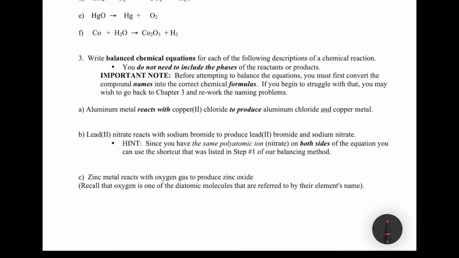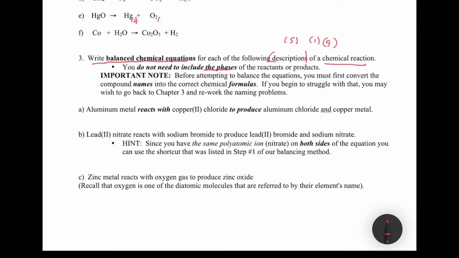All right, so in this video, we are going to write balanced chemical equations for each of the following descriptions of chemical reactions. We don't need to include phases, which would be, remember, solid, liquid, gas, and those would be placed right here. So this is going to be a solid, mercury.